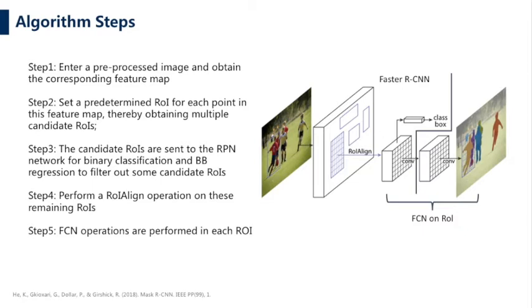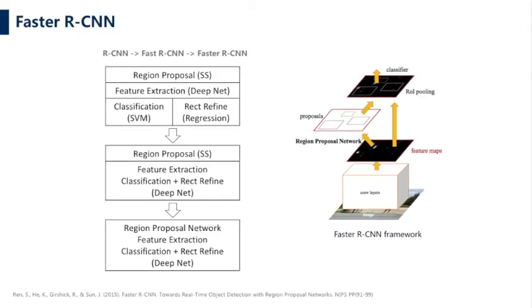Step 2, set a predetermined ROI for each point in this feature map, thereby obtaining multiple candidate ROIs. Step 3, use some strengthened models to filter out some candidate ROIs. Step 4, perform a ROI align operation on these remaining ROIs. And finally, FCN operations are performed in each ROI.